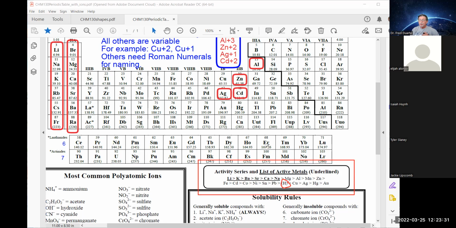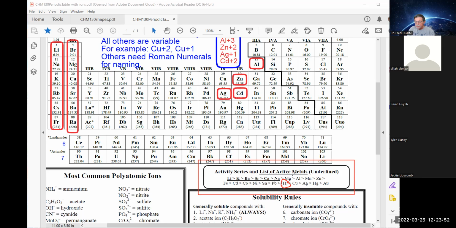So if we were to take sodium metal and pour it into a bucket of water, it would react violently with the water, generate hydrogen gas and give off a lot of heat and actually ignite the hydrogen and give you a nice little bang, okay? I have more to say on this in a second.